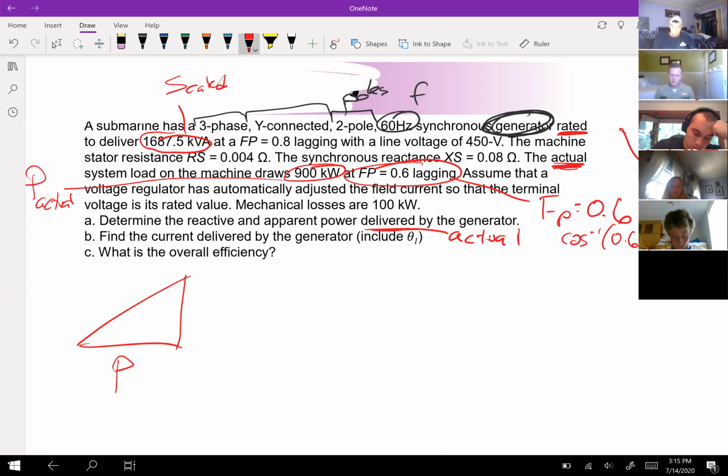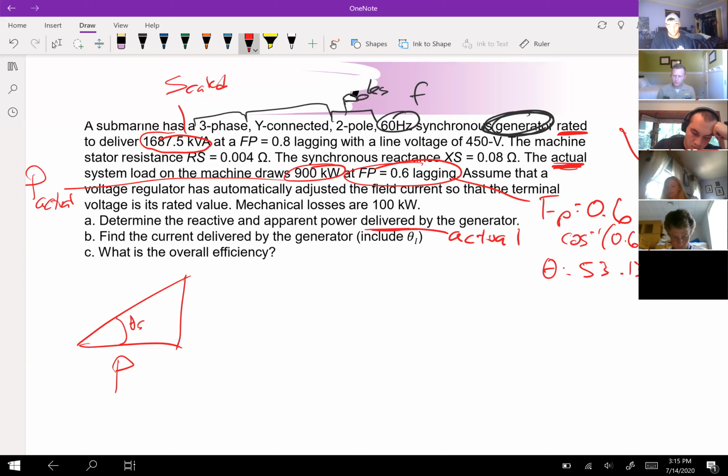There's other ways to do it, but for me it's pretty easy to find these terms inside of here. So that angle: cosine inverse of 0.6 gives me 53.13 degrees. That's the theta S inside of here.